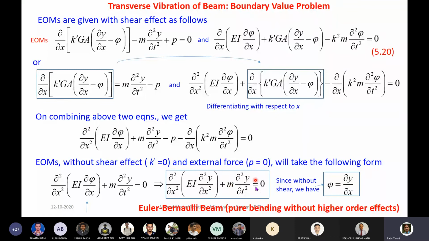Basically this is a balance of the shear, the inertia force and the elastic force. And this equation is for the Euler-Bernoulli beam having pure bending without higher order effect. So the rotary inertia and the shear effect have been ignored here. Even there is no external force we are considering for the time being.